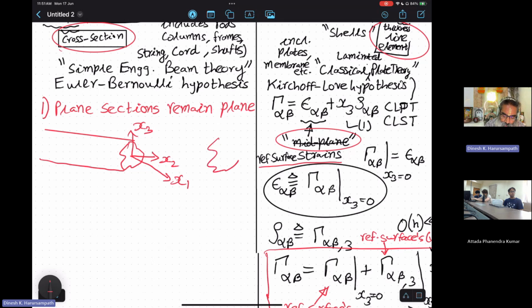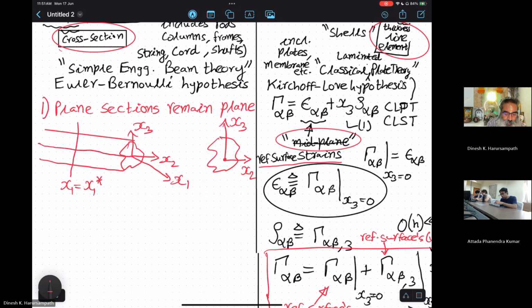Now, if I draw the cross-section at some location x1 equal to some reference x1 star, then you have the coordinates x2 and x3 along that. So this is the point that I'm talking about. The loci of such points at different cross sections, if you join all of them, becomes what we call the undeformed beam reference curve.